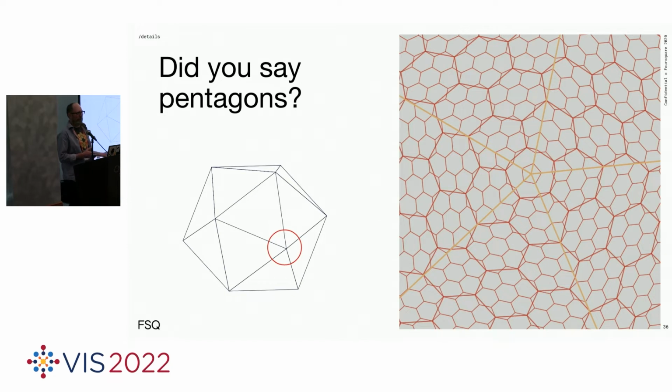And what this means is if you're doing res 0 analysis, where you're dealing with 122 very, very large cells, this might be something you really have to consider. If you're doing resolution 9 or 10 analysis and you're on land, you're probably never going to hit a pentagon. So most of the time, I would say that people consuming the H3 library don't need to deal with pentagons. I would also say that probably 60 to 80% of the code in the H3 library is dealing with the pentagon cases separately from the hexagon cases.